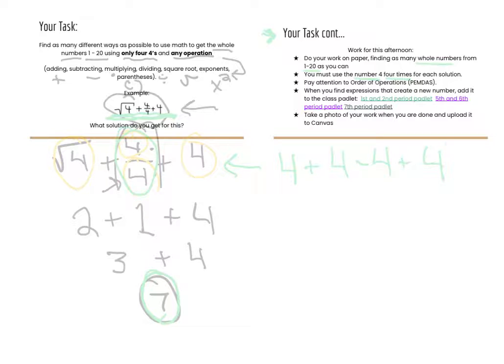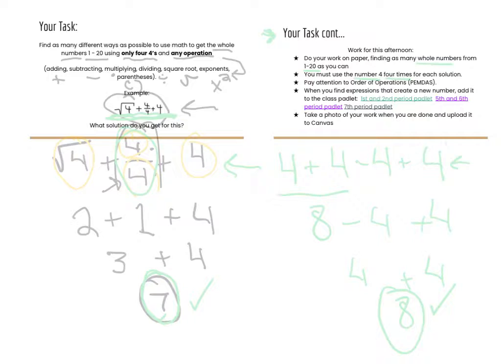And now I have 4 plus 4 is 8, minus 4, plus 4. So that equals 8. Okay, well, I can now use this as my example for 8. So 4 plus 4 minus 4 plus 4 equals 8. So I've now found 7 and I've found 8.